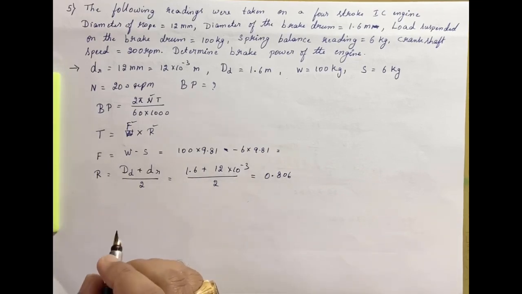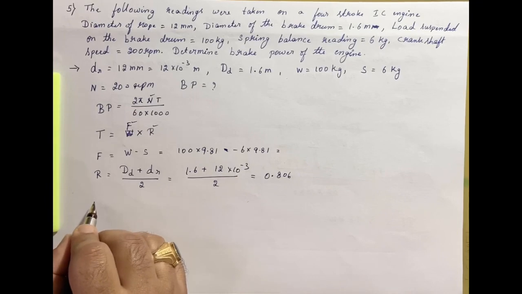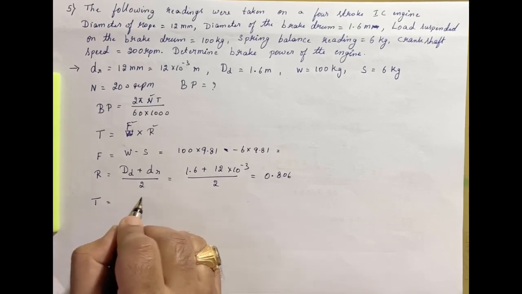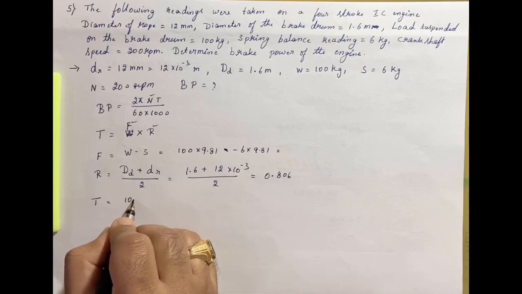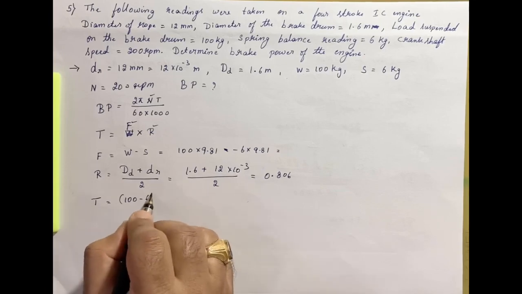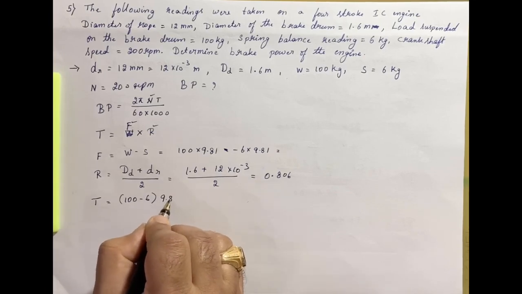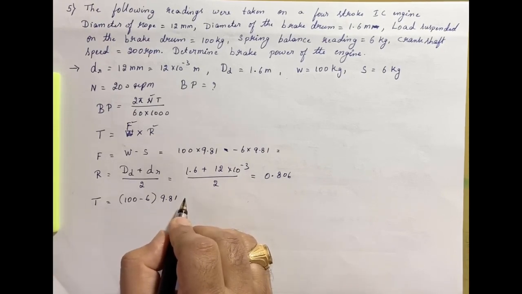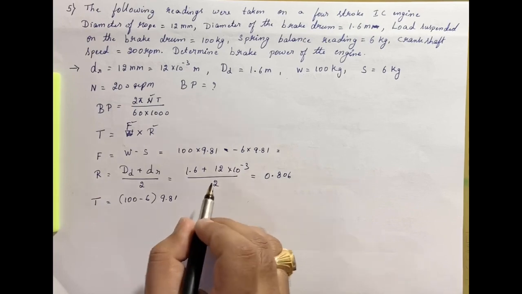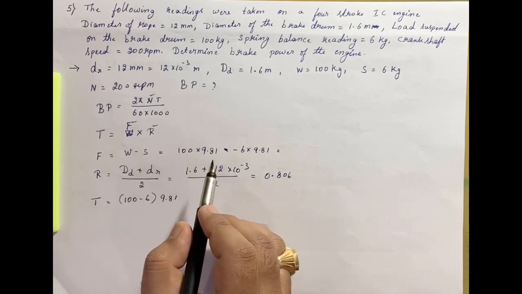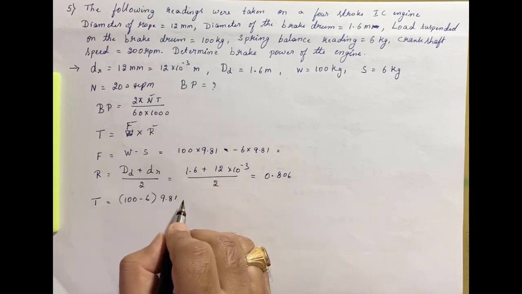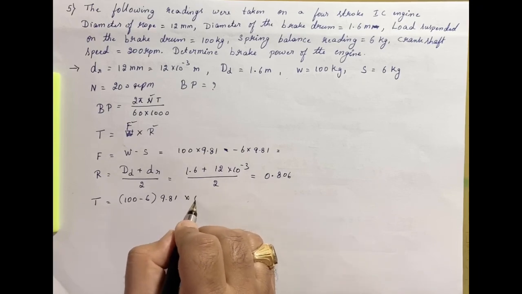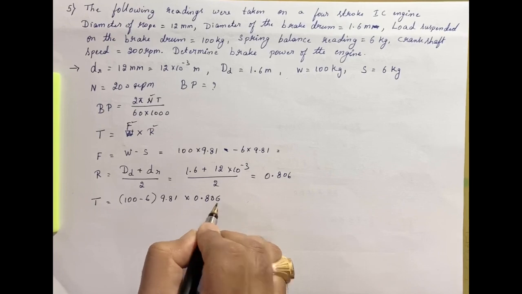Now we got R. We need to find out the torque T. Directly substitute the values. T is equal to F, which I'll write as 100 minus 6 into 9.81. This is the force, into distance. Distance here is R, that is 0.806.